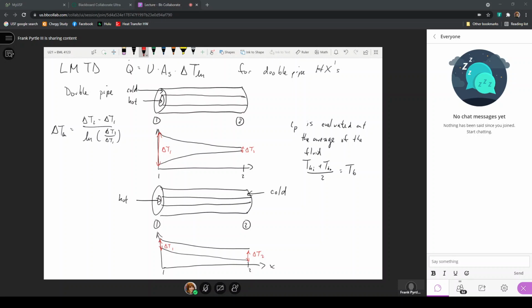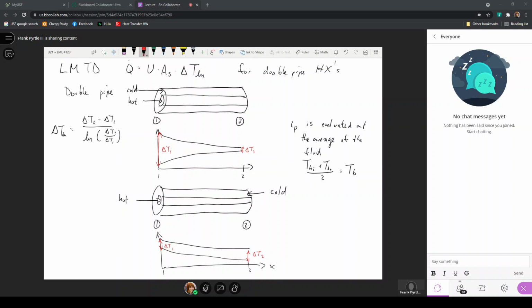And so this expression for the heat transfer rate using the log mean temperature difference method uses the log mean temperature difference as an expression of the average temperature difference along the length of the heat exchanger times the surface area times the overall heat transfer coefficient to get a heat transfer rate.